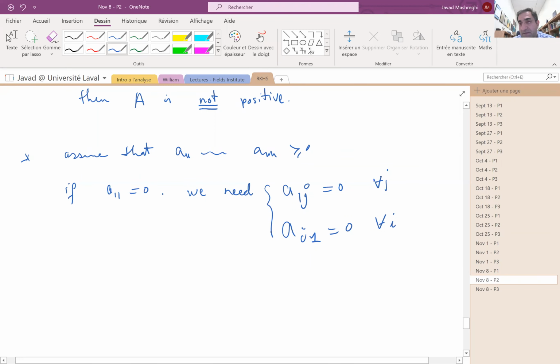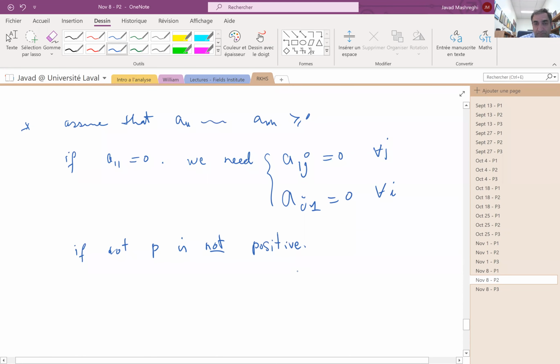If any of these is violated, then P is not positive. If yes, what do we have?